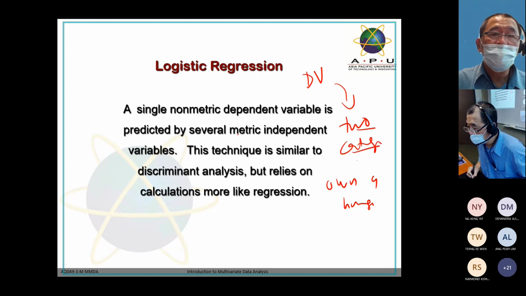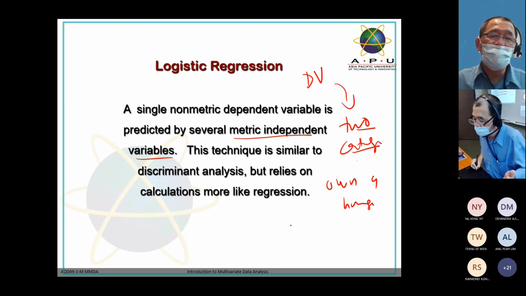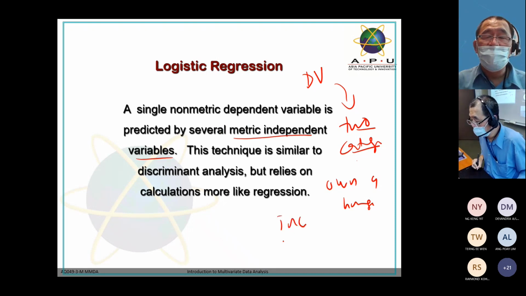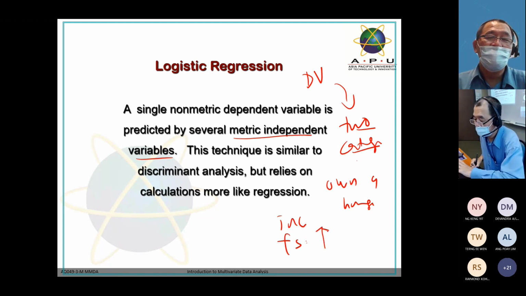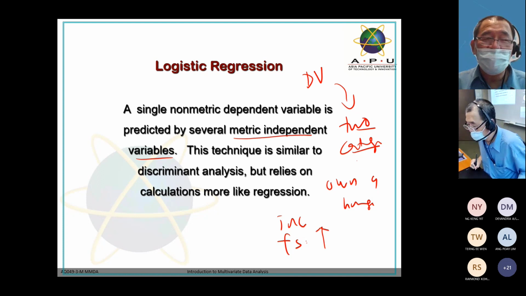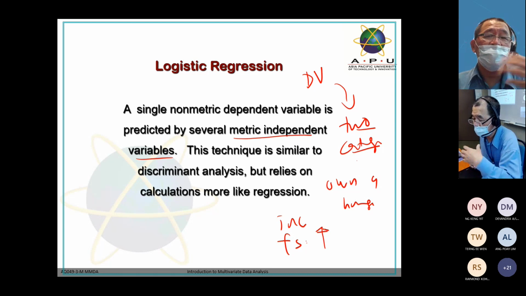It can be predicted by several metric independent variables, for example income and family size. In general, a person with a larger family size tends to buy a house.